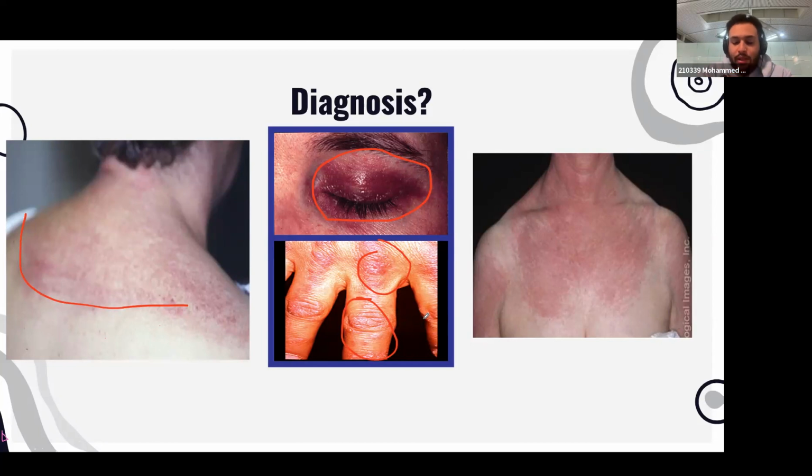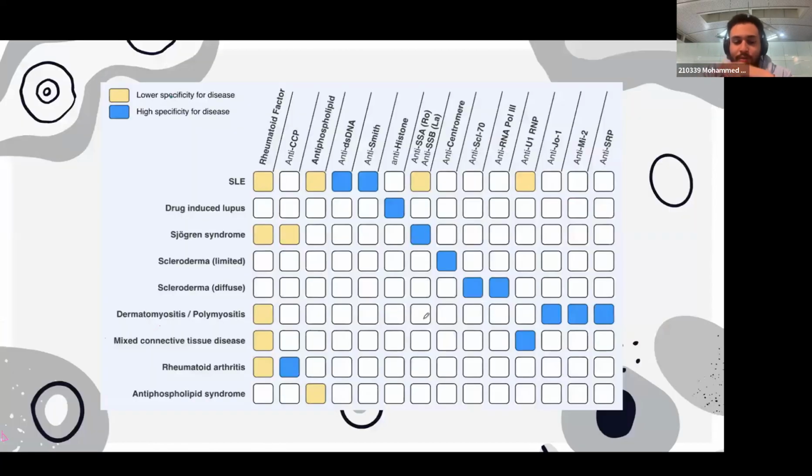So to make your lives easier, I put this slide. Guys, it's very high yield to know all the antibodies, the most specific one and the most sensitive one for each of these diseases. Super important. While I was studying, I came across this and I decided to put it. Very important to know all of these.